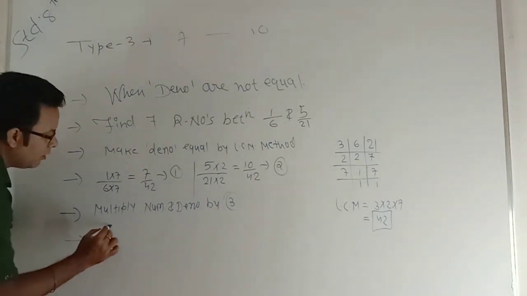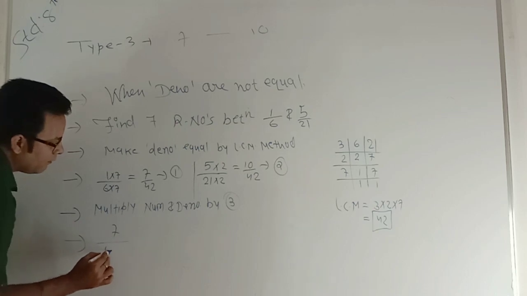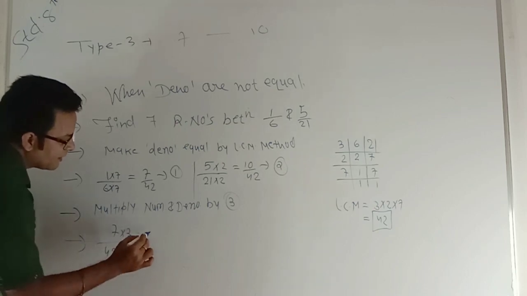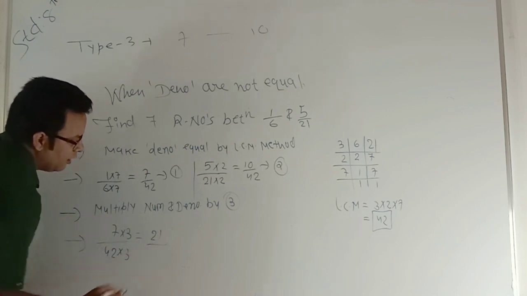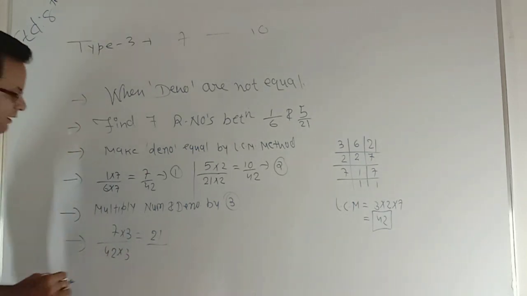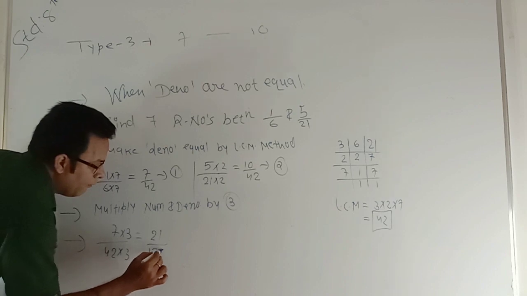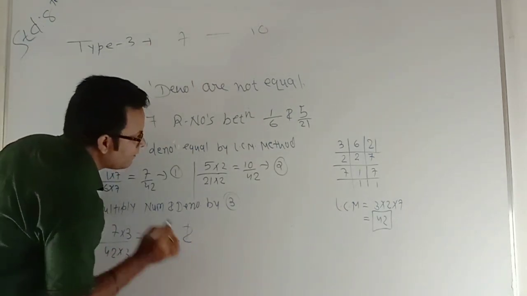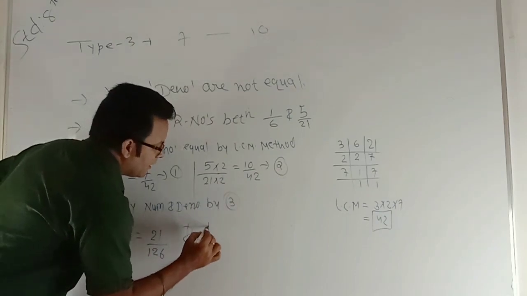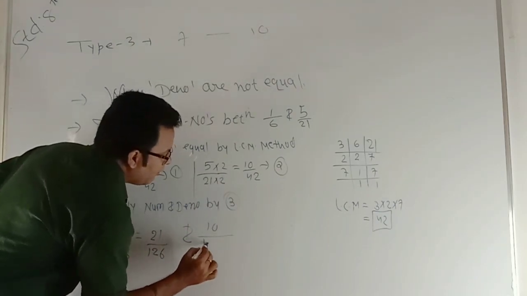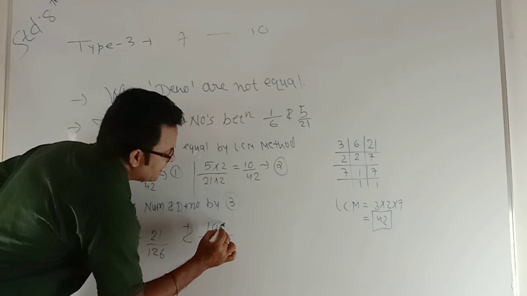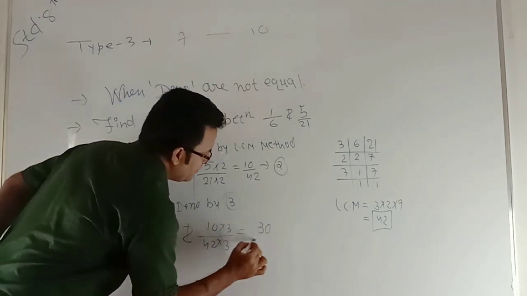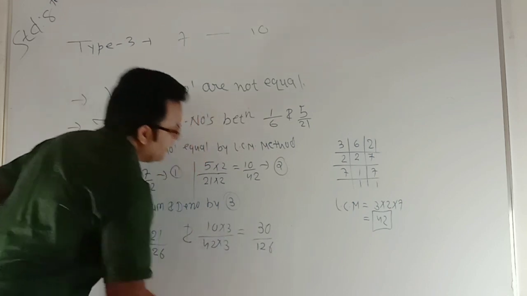So 7 upon 42. 3 7s are 21 here also. 3s are. It will be 21 upon. Now 42 3s are, that will be 126. And 10 upon 42. 3s are. So it will be 30 upon 126.